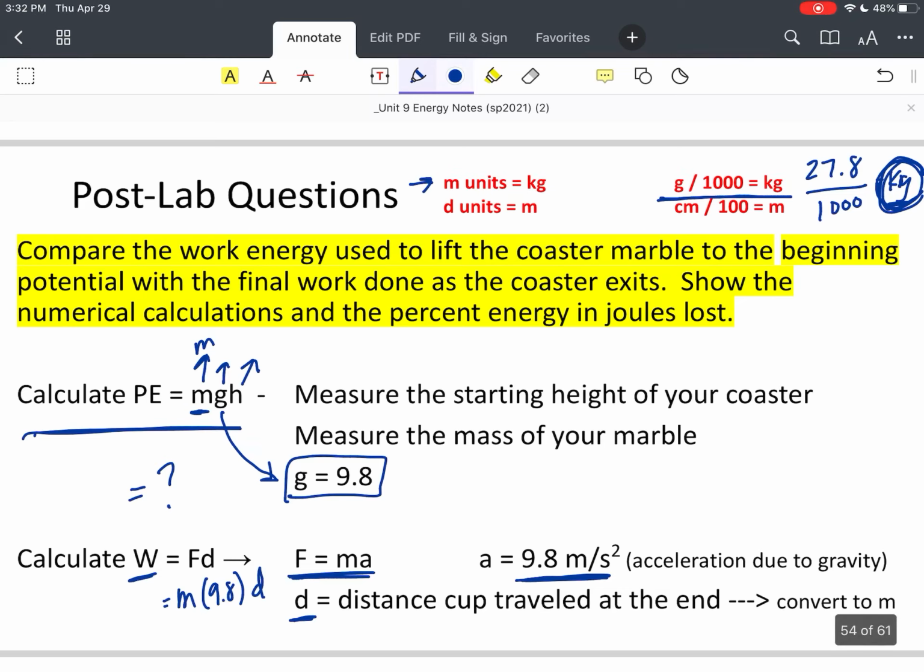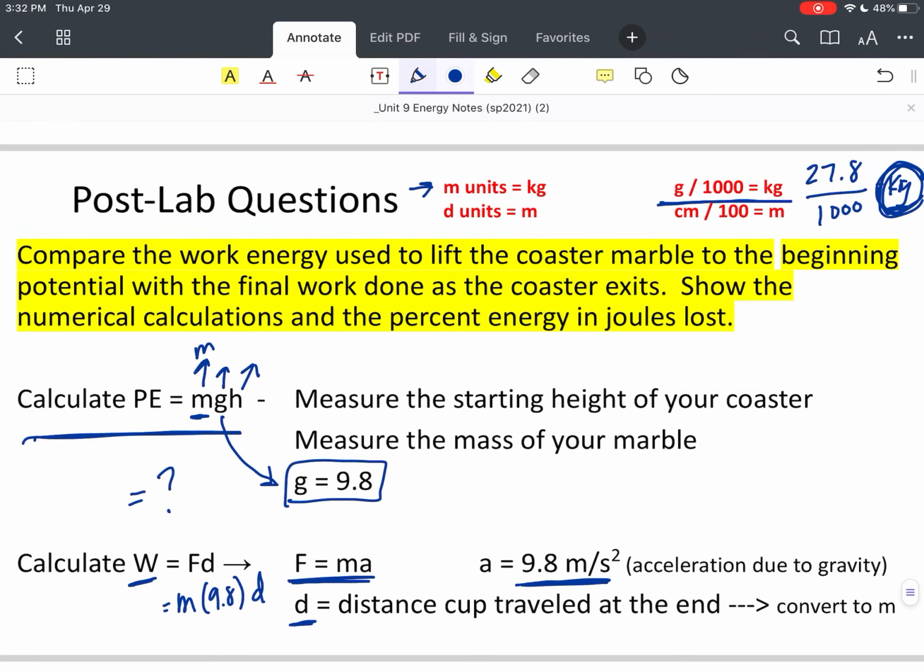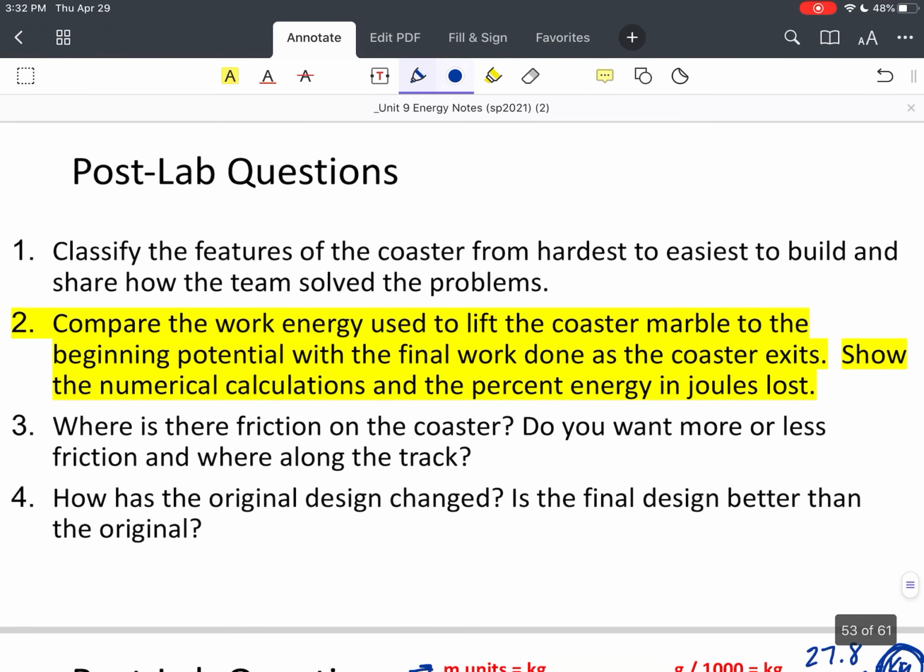Once you plug that in, you should get some type of answer. You should have an answer for work, and an answer for the potential energy that you started with. What you're going to notice is these numbers are not the same. They're different.